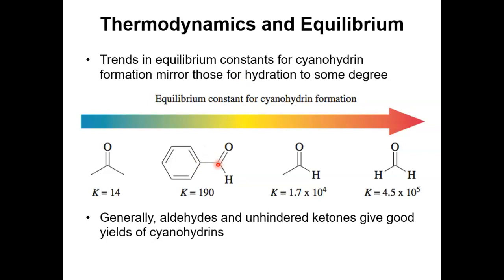This aldehyde carbonyl is a bit more stable than this one because of additional pi electron delocalization, so it's 100 times less likely to undergo cyanohydrin formation than regular aldehyde. Regular aldehyde is about 20, 30 times less likely to undergo cyanohydrin formation than formaldehyde, because the formaldehyde carbonyl, among all the carbonyls here, is the least stable one.